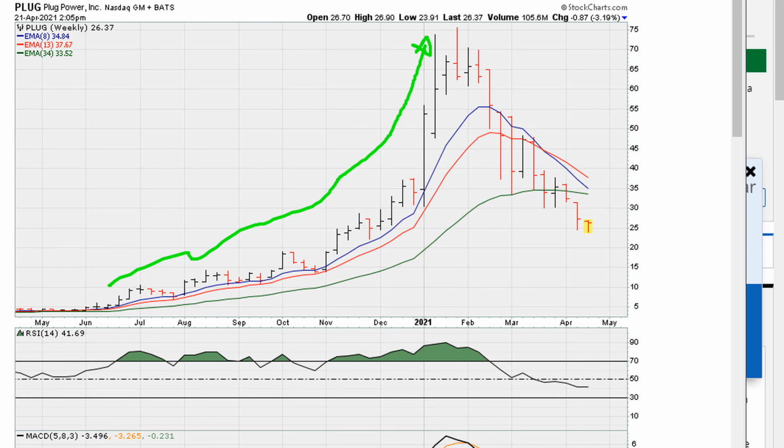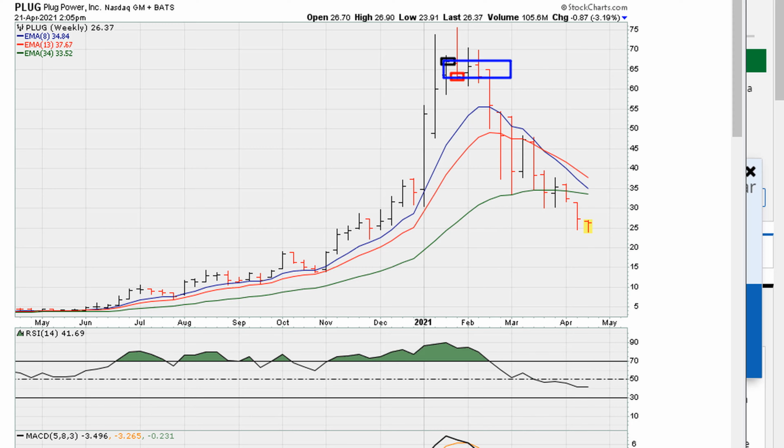But that's beside the point again. Take note, before the recent plunge, there is a weekly closing high right there. There's a very tight base. There's a weekly closing low right there.